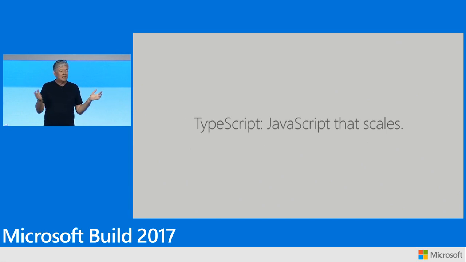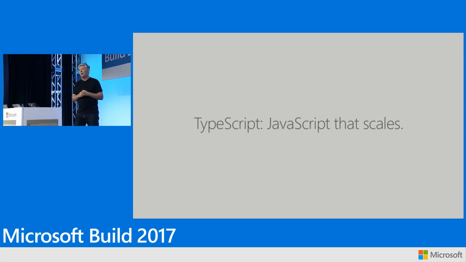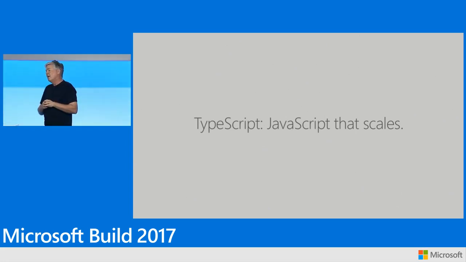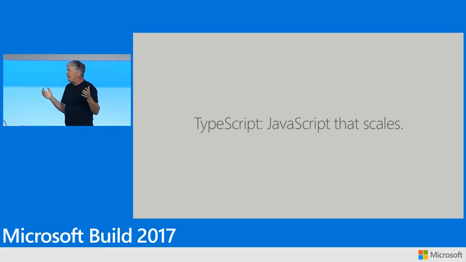So when we were looking at this problem about 5 years ago, about what we can do to make JavaScript scale better, we basically thought that the ideal solution would be to add to JavaScript those things that are missing for large-scale app development.